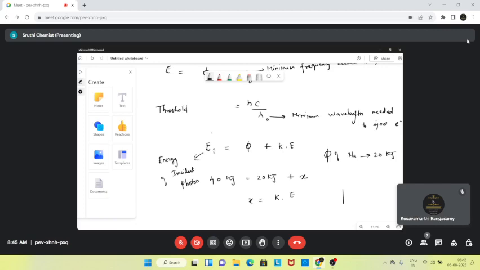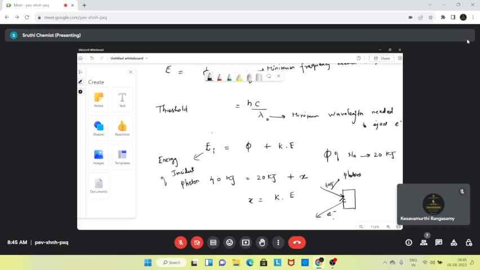So listen, you have a metal here. You are passing the photons. This is your photons. You are passing a photon of 40 kilojoules. So an electron from the surface will start to eject. For that process you need 20 kilojoules, right?